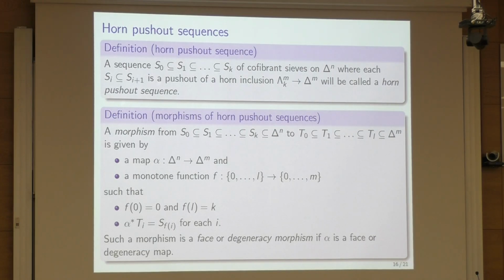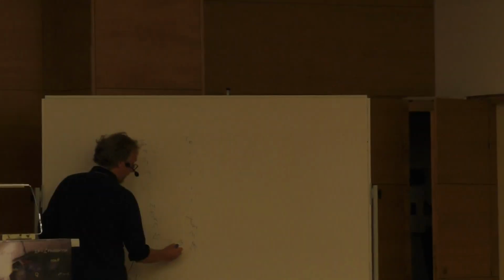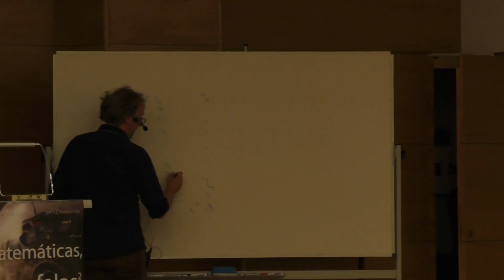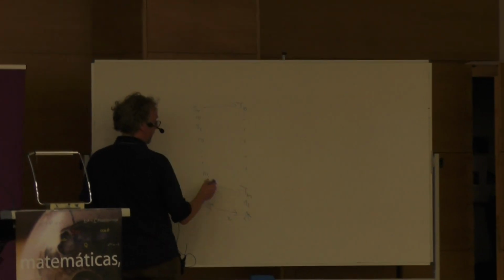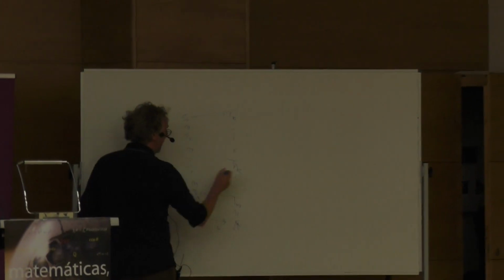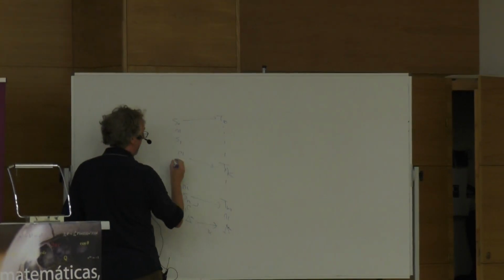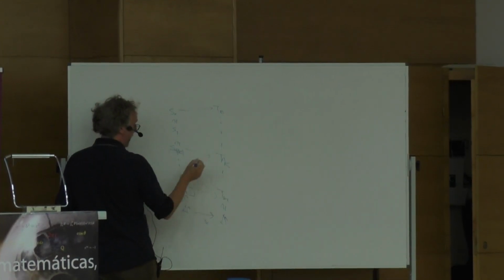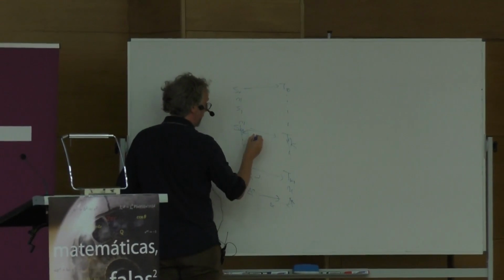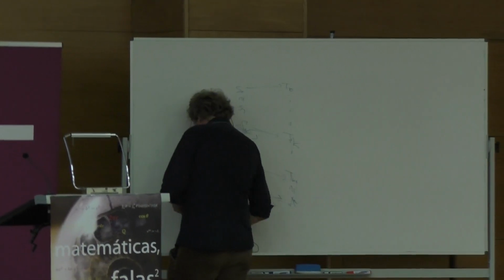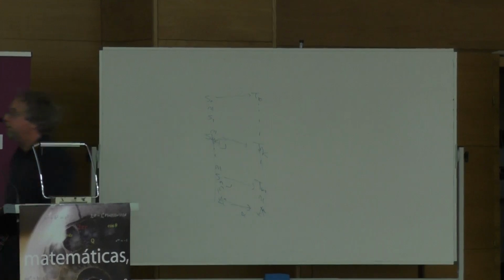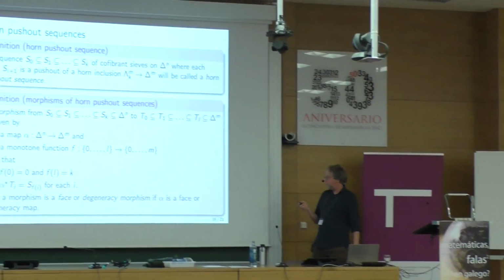So the idea is, if I have something which looks like this, in some delta n, and something which lives in some delta m, then what I want is a map here, such that this whole thing is a pullback, and then for everything here, there should be a map to something here, S of f of k, say, such that this whole thing is a pullback. That I will call a morphism of Horn-Boussard sequences.